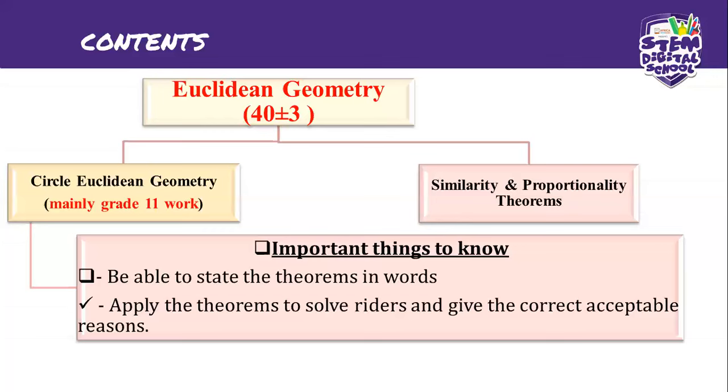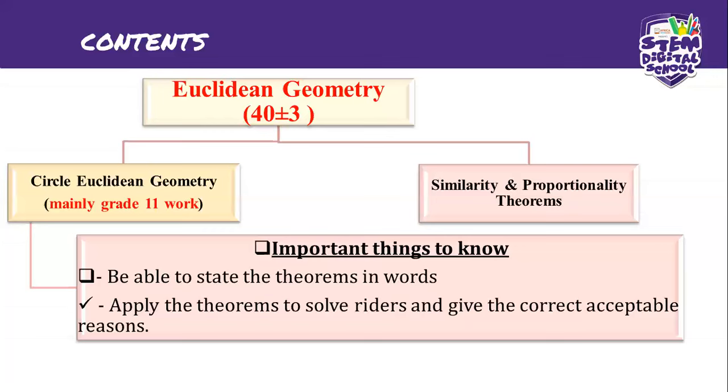Now, with the grade 11 Euclidean geometry, we have important information that a learner should know. You must be able to state the theorems in words, so that it will be easy for you when you are given a rider to solve, because you will know all the theorems. And you must be able to apply the theorems to solve the riders and give the correct, acceptable reasons.